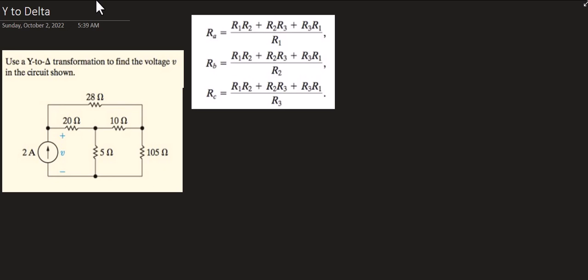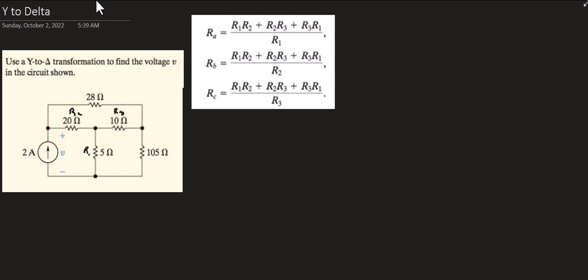So I'm going to label my resistors R1, R2, and R3. I want to do it the same way I do it in my notes, except I can't read my writing. I will just do my best and hope that I end up with the same thing. I'll call that R1, that R2, and that R3.